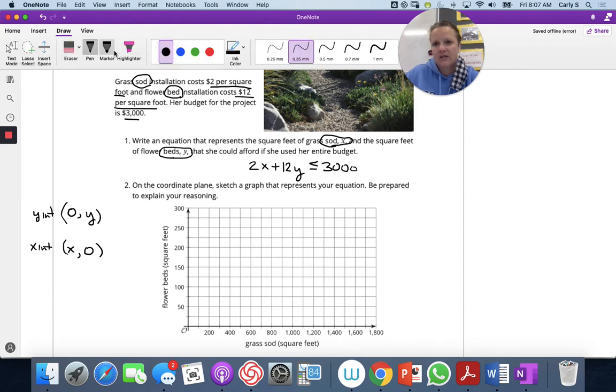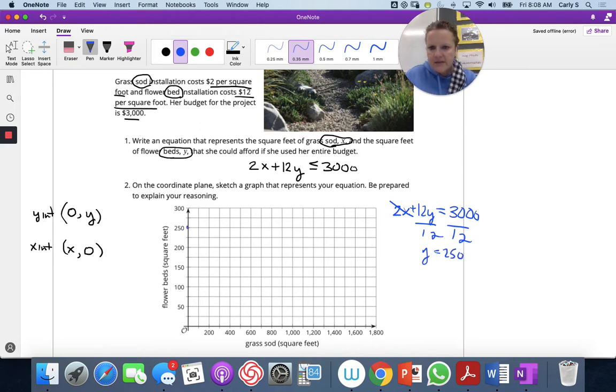Let's see if I can change colors. So 0 in for x, and I can make it an equality. If I put 0 in for x and then I divide both sides by 12, I get the y-intercept: 250. So y equals 250.